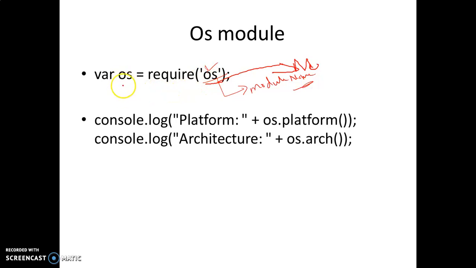And this returns you an object, which is used to retrieve those OS related functions. So with this object dot those functions, we can retrieve those OS functions.